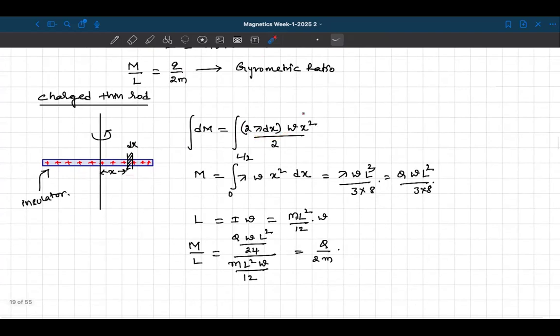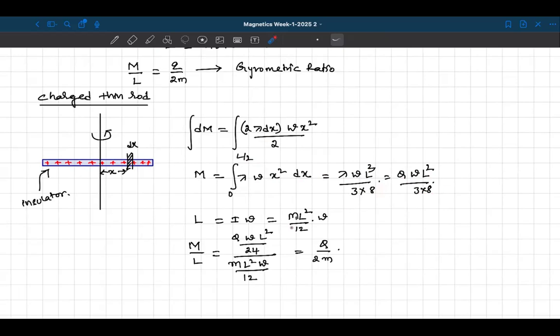So 2 times lambda dx omega, and in the place of r, I have written x square by 2. Do the integration with limits 0 to L by 2, because this is x equal to 0, this is x equal to L by 2. So I have lambda omega x cube by 3, L cube by 3, but actually L cube by 2 cube, so you have 8 in the denominator. So Q omega L square by 3 into 8.